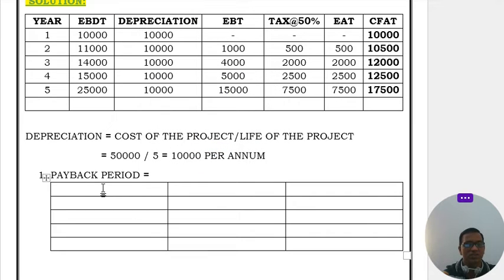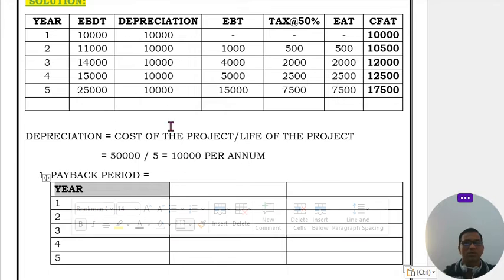Here, first the year column, which we take from here. Then we need CFAT, cash flow after taxes.